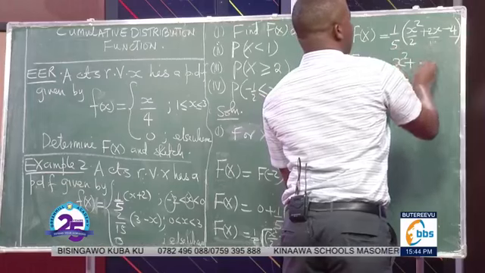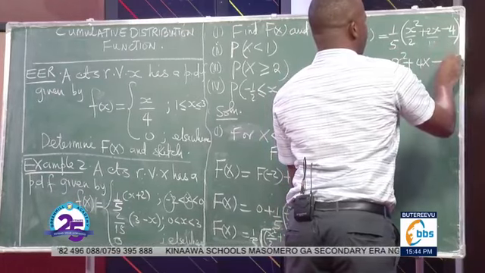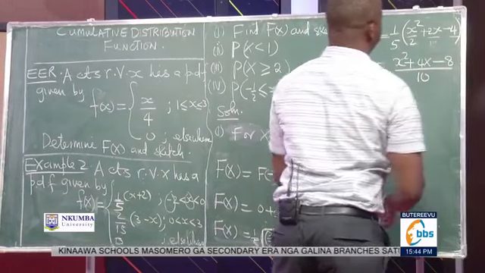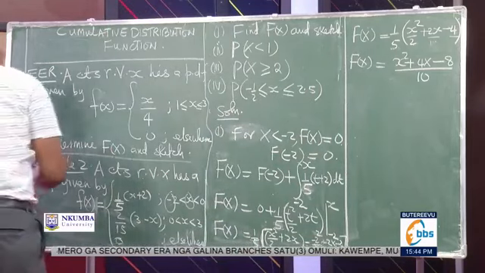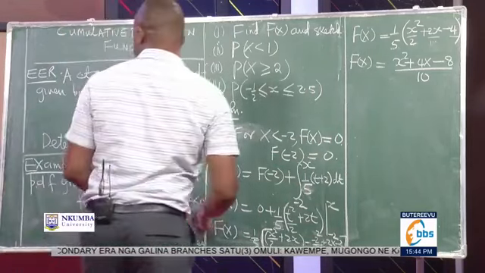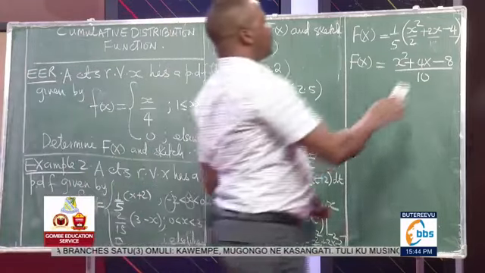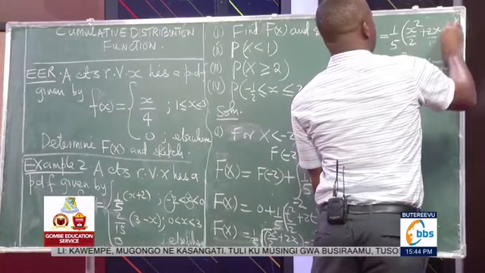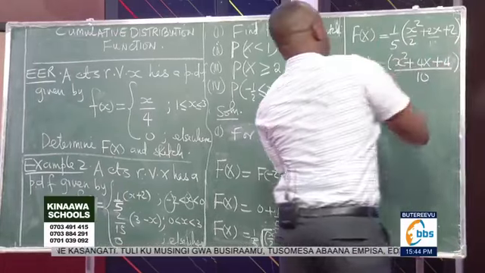Because if it is 10, this will be 4x, and this will be times 2, which will be 8. This simplifies to 2. So this should simplify to 2. And therefore, this will be plus 4. This will be our f of x.